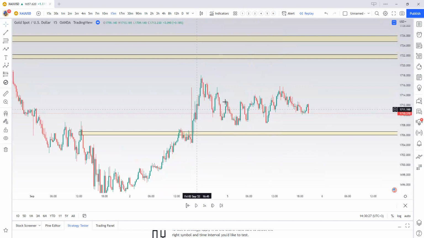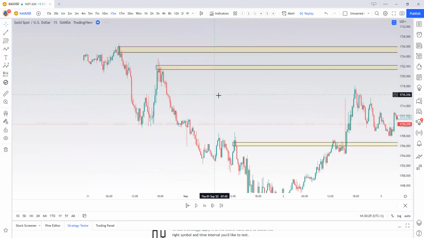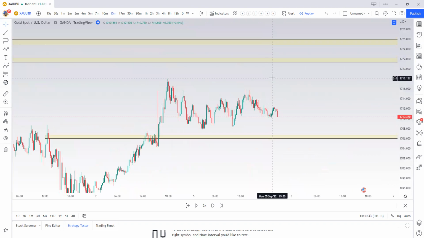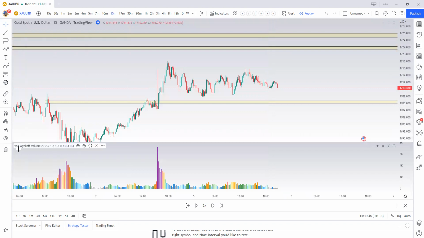As you can see, we have a consolidation. We have the supply level right here. And what we're going to need to do is go to indicators and put on this VSA Wyckoff volume.